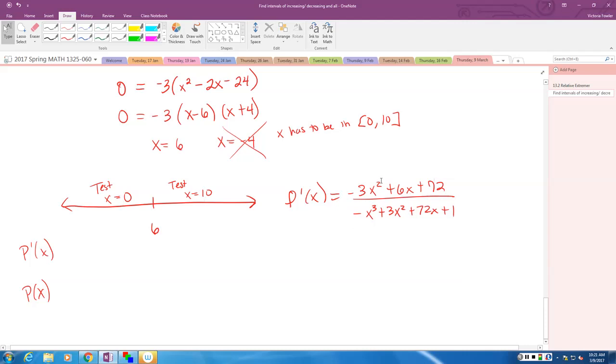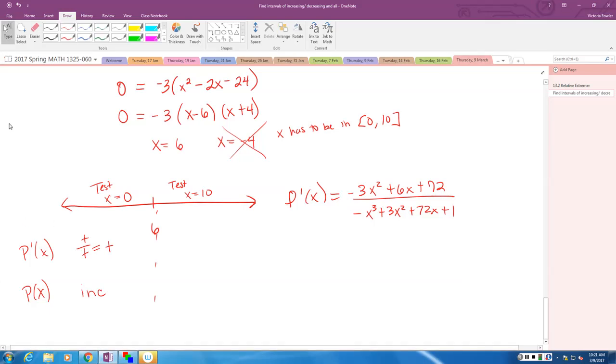So if I plug in x to be 0, in the numerator you'll have a positive 72, and in the denominator you'd have positive 1. So it's an overall positive. Okay, good. It looks like my profit function is actually increasing. So my expectation, if this is a max, what should the other side be? Decreasing.